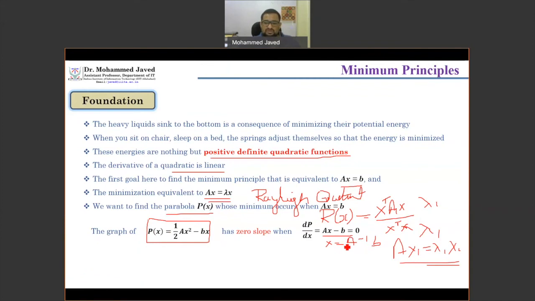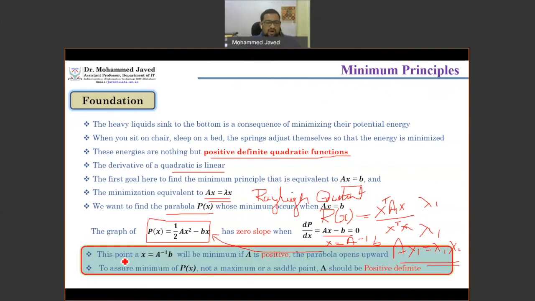Now you substitute this x in the equation and you get the minimum value. This point x equal to A inverse b will be the minimum only when A is positive definite. The parabola opens upward like this, and to assure a minimum of p of x, not a maximum or a saddle, A should be positive definite.